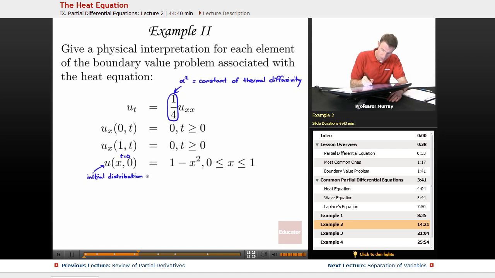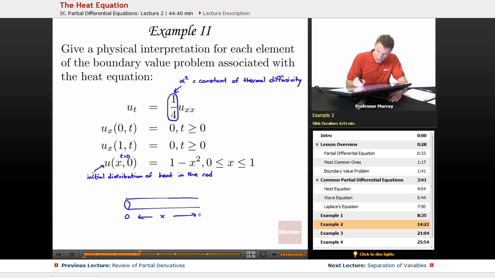This is something that an experimenter would have to go through and measure the temperature at each place along the rod and tell you, the mathematician, what the temperature is at each position x, at time 0.